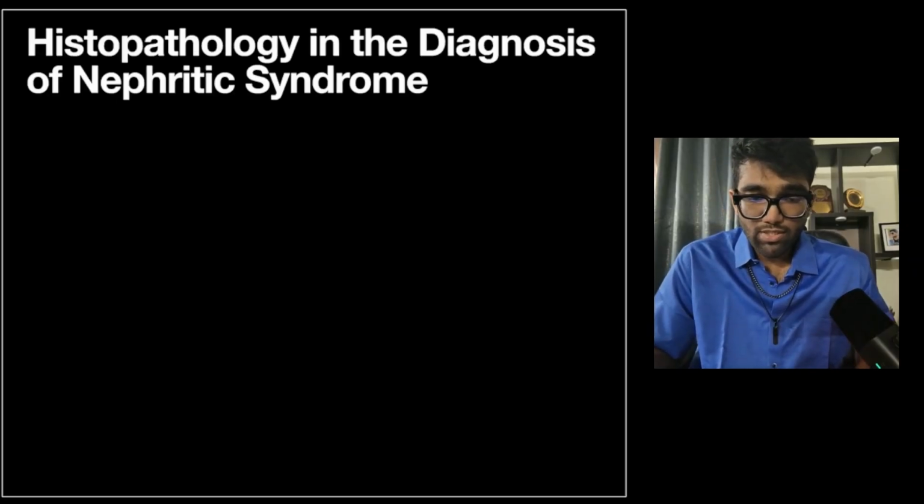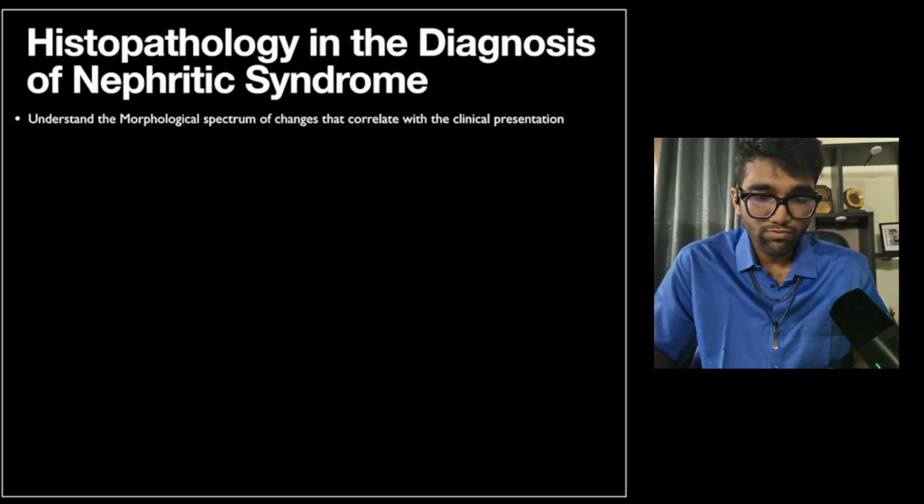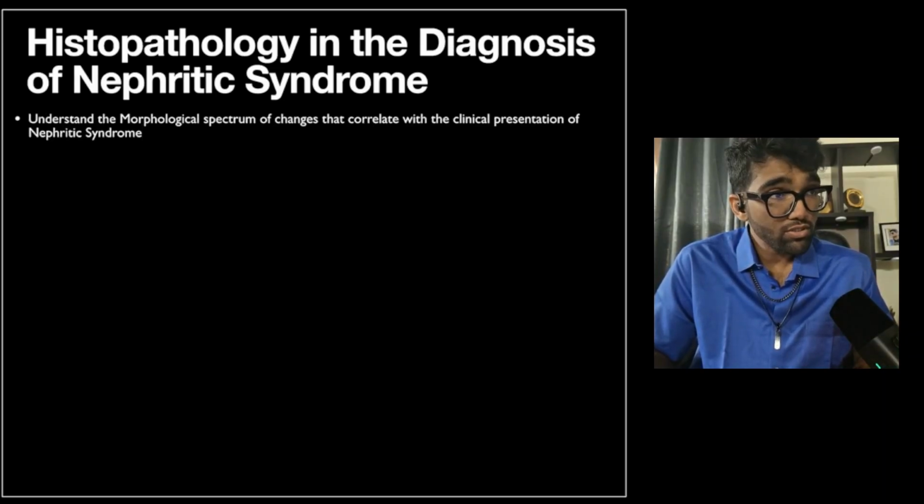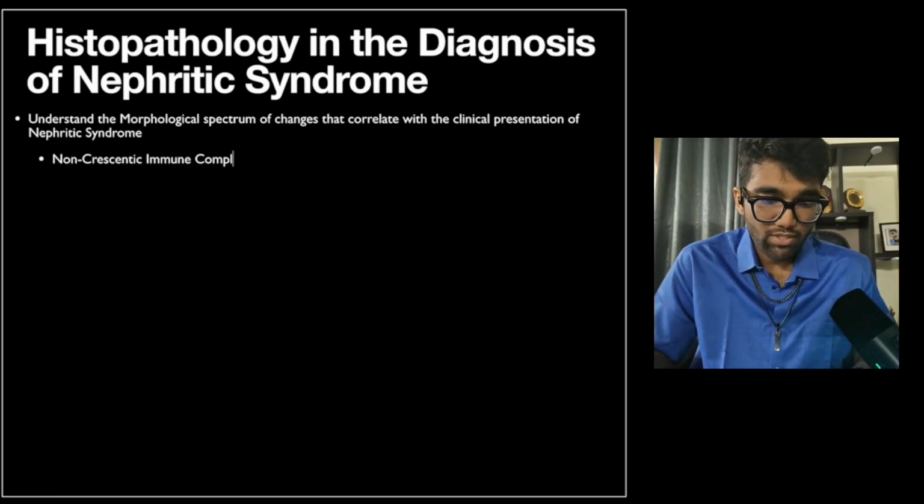After that, what we'll be discussing under this heading will be histopathology in the diagnosis of nephritic syndrome. We'll try to understand the morphological spectrum of changes that correlate with the clinical presentation of nephritic syndrome.